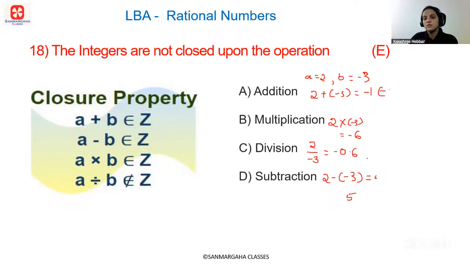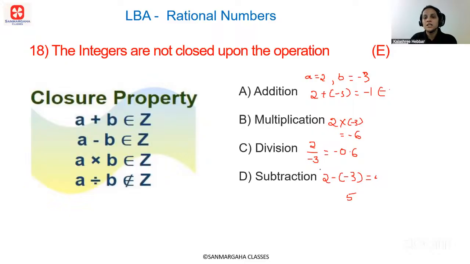So here in addition, you get the answer as minus 1 in this example, which is a negative number that belongs to integers. Multiplication gives minus 6, which belongs to integers.